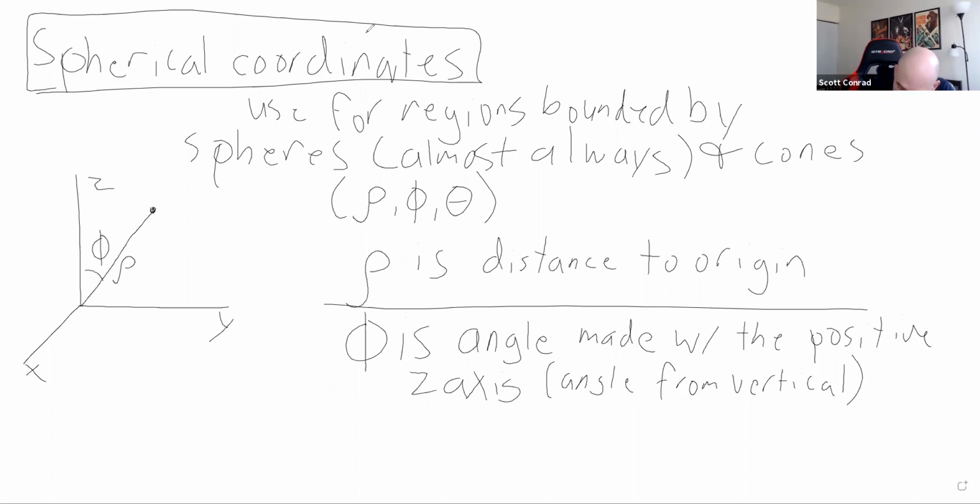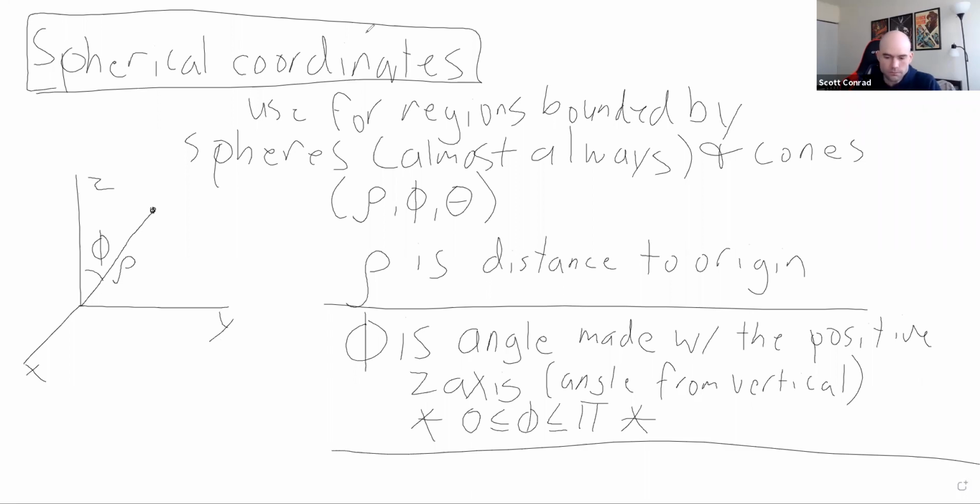And you need to know phi always lies between 0 and pi. We never have negative phi, and phi never gets bigger than pi. So phi equals 0 lies on the positive z-axis.